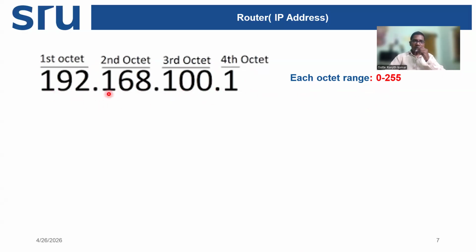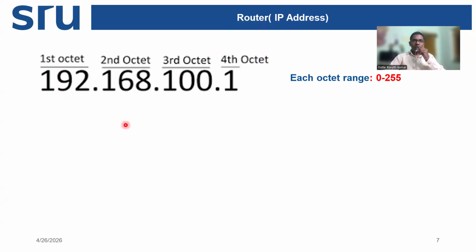Each octet can be represented using a decimal number or binary number, but for our convenience here, I am considering only decimal number examples. IP addressing, IPv4 or IPv6, is a vast topic, but here I would like to present only an overview of the IP address because we are using a router.